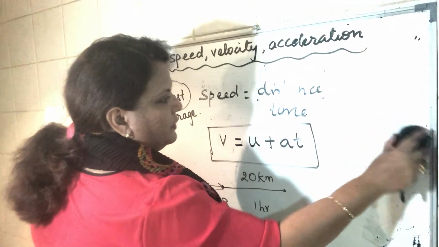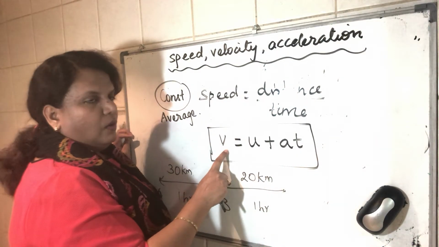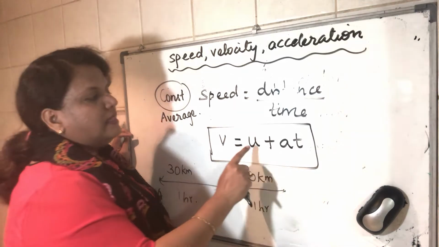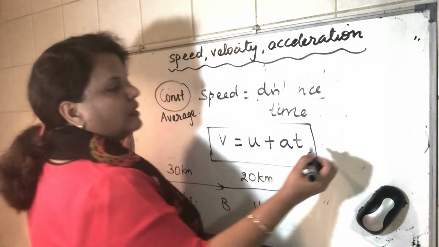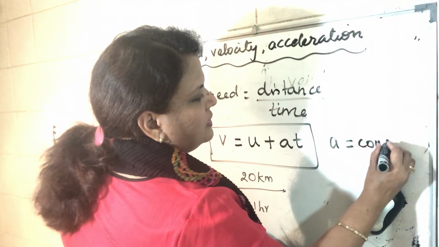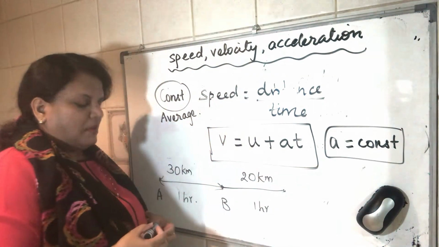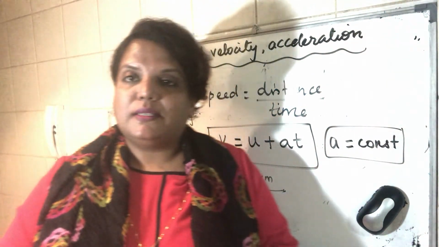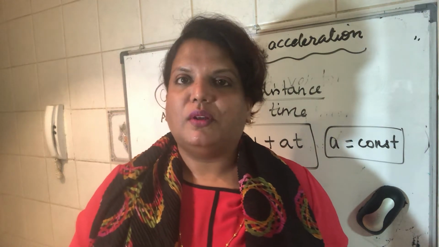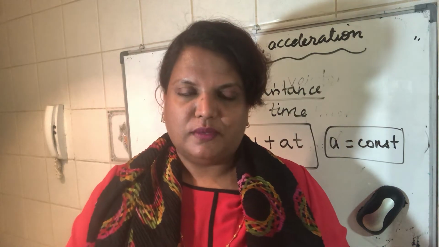Now, when do I use the equations of motion formulas? There is a condition: the acceleration must be constant. What do you mean by acceleration being constant? What's the difference between acceleration being constant and velocity being constant? You have to be very clear about it, because this is the area where students get confused.